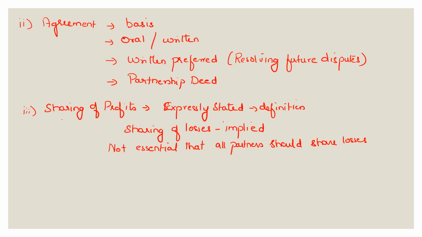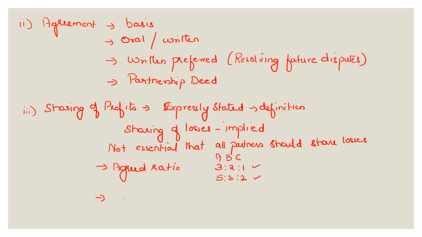Further, when they have agreed about sharing of profits, then whatever is the agreed ratio, in that particular ratio they will be sharing. Suppose they have agreed that they will share the ratio in 3:2:1, three partners A, B and C. Then the profit would be divided in this manner. If they have agreed on 5:3:2, then that ratio shall apply. So whatever is the ratio agreed upon, that shall apply.